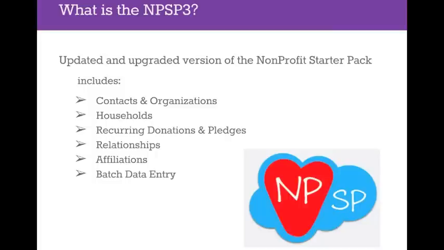That's when somebody's going to pay you a certain amount each month. You also have some tools around relationships, around affiliations to organizations, and there's a little batch data entry tool which can be really useful if you've got a bunch of donations or gifts that you need to enter in a hurry. So it was all 6 packages, and they've all got different bits and pieces that have been updated and upgraded, and we'll talk about them in some detail.